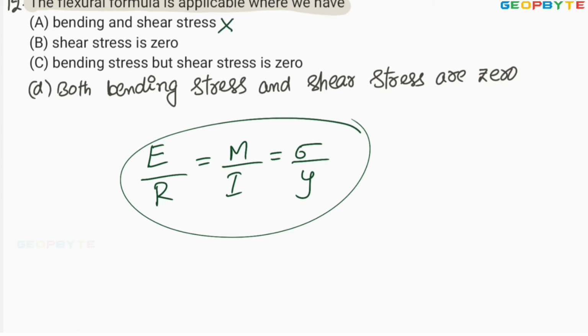No, shear stress is 0, but bending stress must exist. So option C is absolutely correct. This formula is applicable wherever bending stresses are developed in the absence of shear force or shear stress. I hope you understood. Let us go for the next problem.